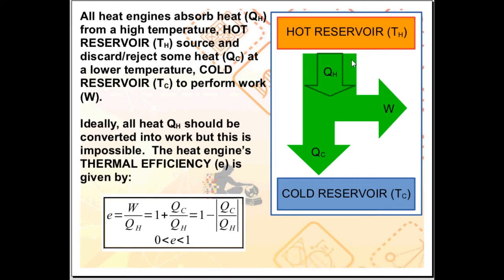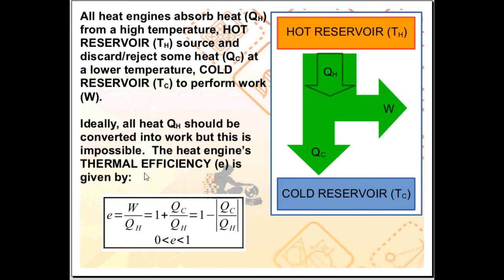Ideally though, all of the QH should be converted into work. But this is impossible. There's always wasted energy. There's always a heat QC that needs to be discarded.